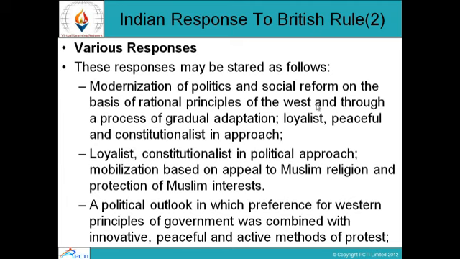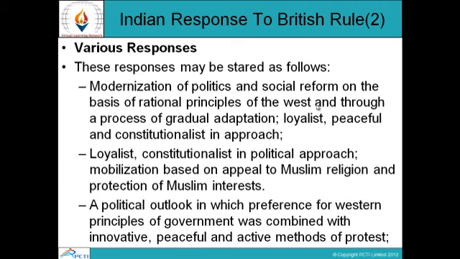Indian response, various responses. These responses may be stated as follows: modernization of politics and social reforms on the basis of rational principles of the West and through a process of gradual adaptation, loyalist, peaceful and constitutionalist in approach.